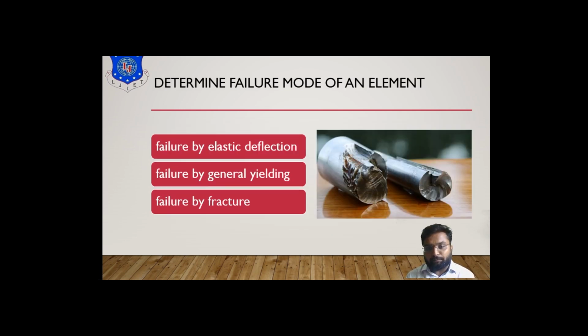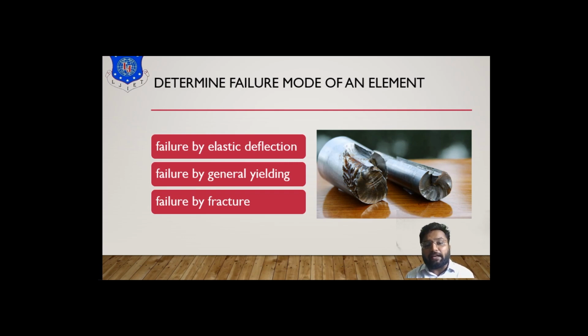In the next point, we're going to discuss determination of the failure mode of an element. In some elements, an elastic deflection is called a failure. Like in the case of a connecting rod, if it has an elastic deflection, we can consider it as failed.